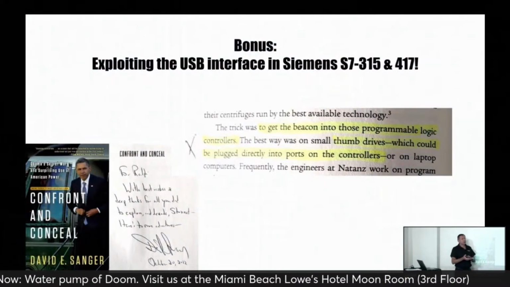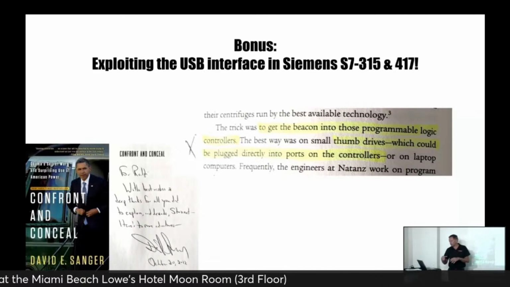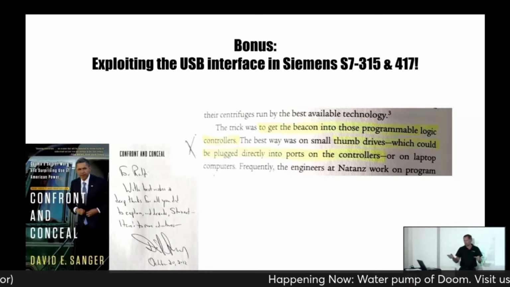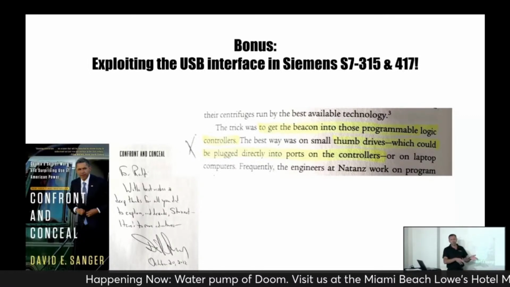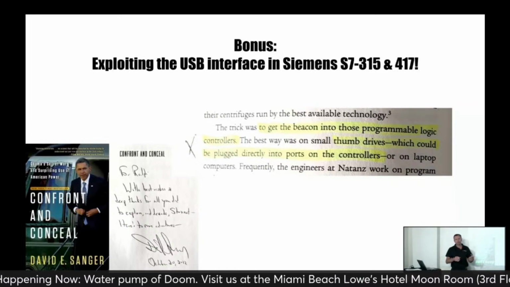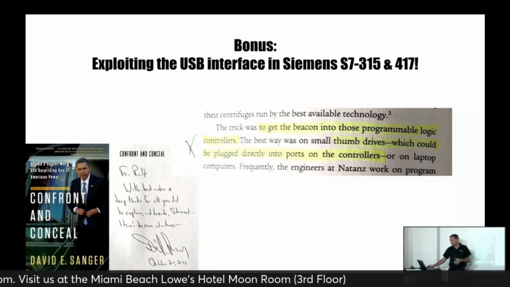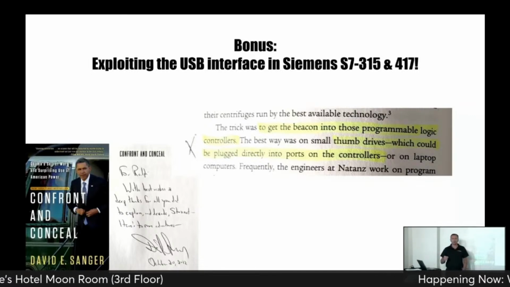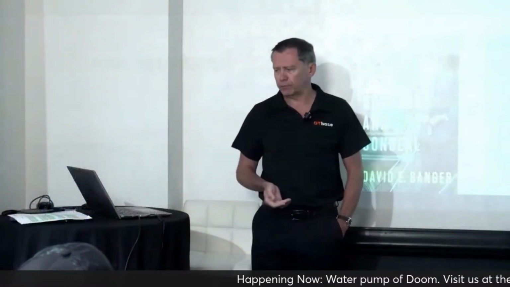So the bulk of the story about Stuxnet was published in his book Confront and Conceal, which is about the Obama administration. And if you remember, Stuxnet was originally developed by the Bush administration, George W., but then it was continued by Obama, okay? And in his book, Sanger reported on Stuxnet at length. It was the first big piece where it was made public.